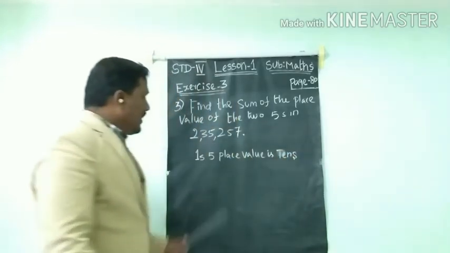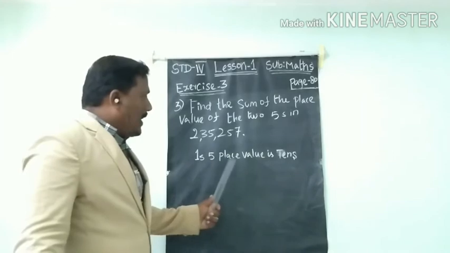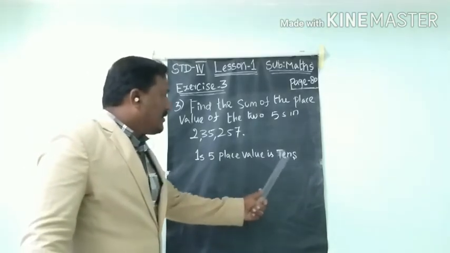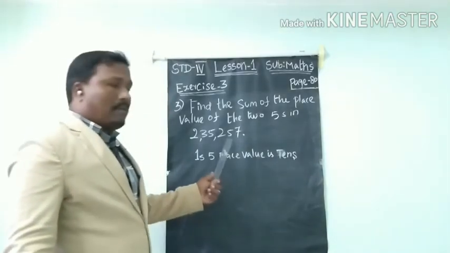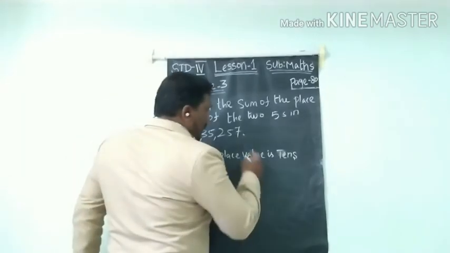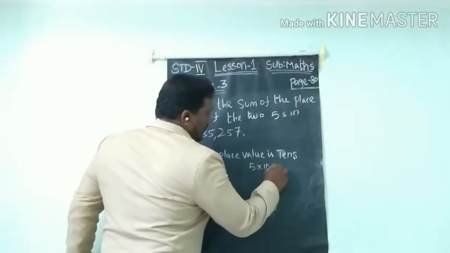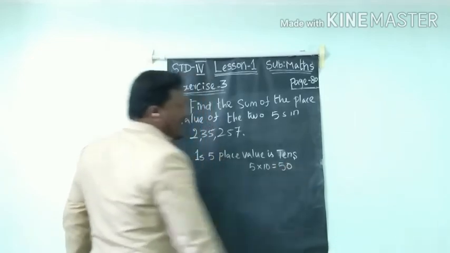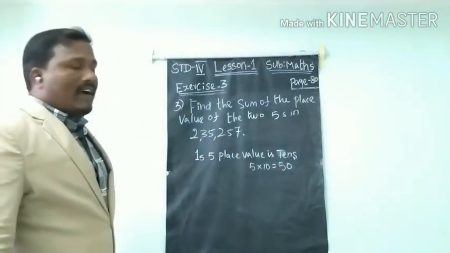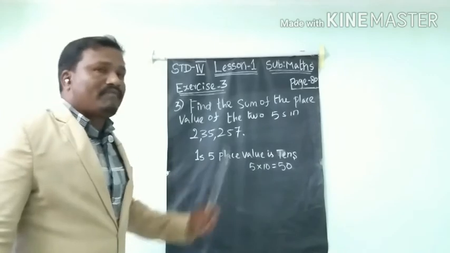Tens place. Okay. First 5 place value is tens. So 5 into 10 is equal to 50. Okay. You find out the place value of 5 is 50.